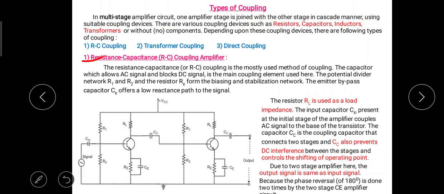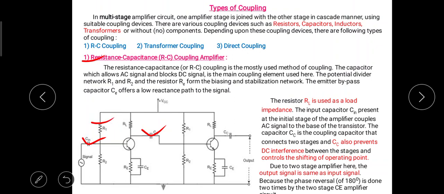The input capacitor Cin is used to allow the AC signal to pass towards the input or base of the transistor, and the output coupling capacitor, we can say Cc, is used to pass the output of the first amplifier to the input of the next amplifier.